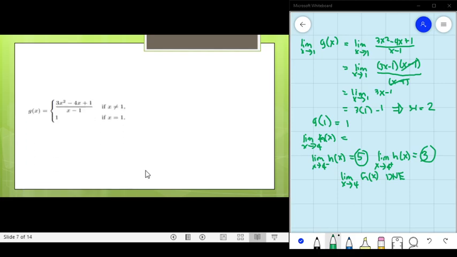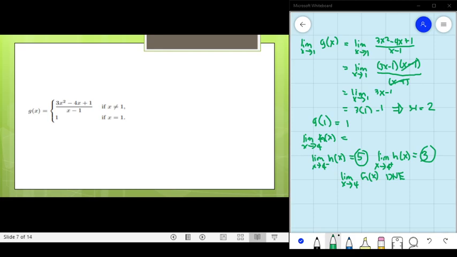Okay, so let us use the previous example we have. g of x is equal to (3x squared minus 4x plus 1) all over (x minus 1) if x is not equal to 1, and 1 if x equals 1.